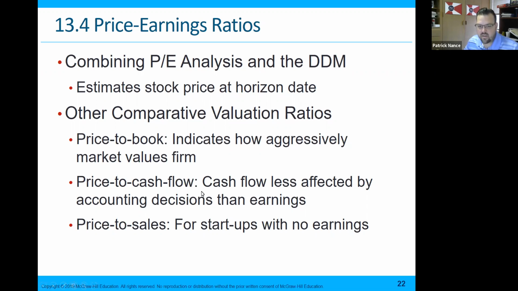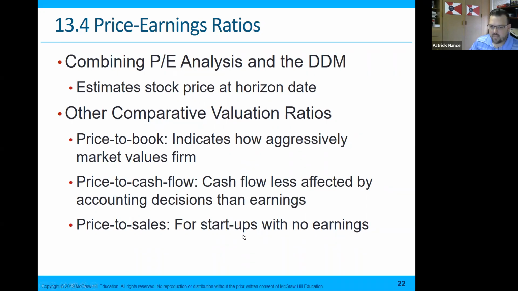The price to cash flow ratio: cash flow is less affected by accounting decisions than earnings. A lot of people use cash flows as a more secure, less risky method of judging earnings, because cash flows can't really be affected by earnings management or by choices in accounting.